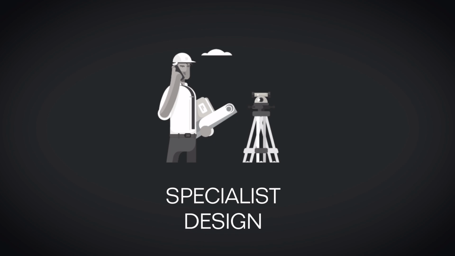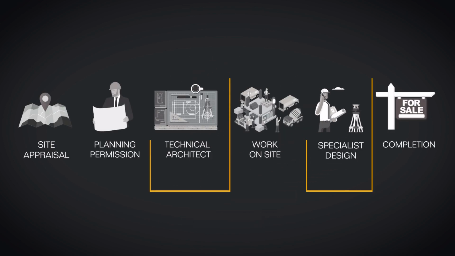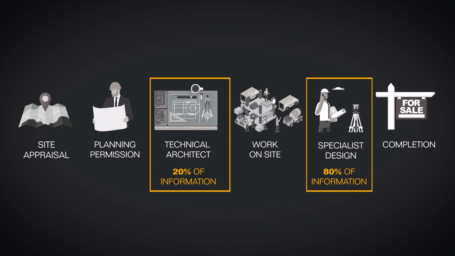Furthermore, aspects like plumbing, electrical and ventilation follow schematic outlines, with final designs often evolving directly on site, without formal documentation, further impacting our build. This underscores the necessity for a new, dedicated stage in our process, the specialist design phase. And this is where the remaining 80% of the specialist design information is hidden.